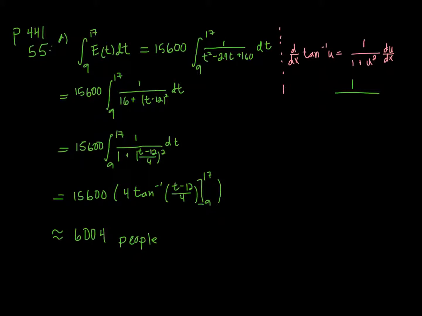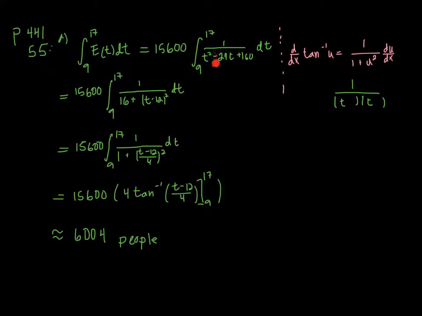I have t squared minus 24t plus 160. And I would love if this were a quadratic which was a perfect square. In other words, it was t plus or minus something squared. And in order for that to happen, I would need, let's just go and write this out, both of the second terms of each of my factors to be the same.